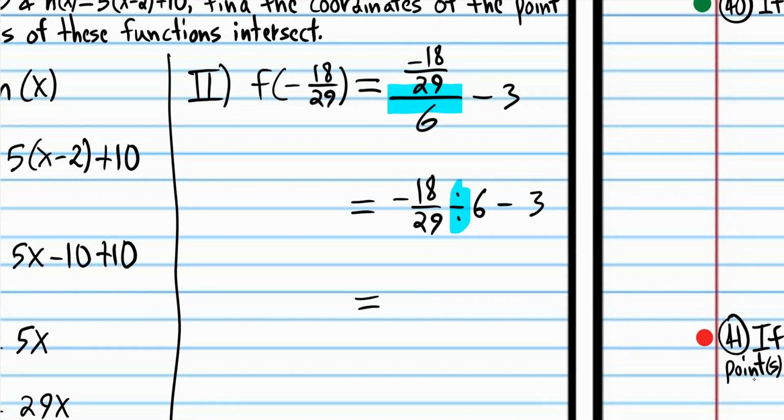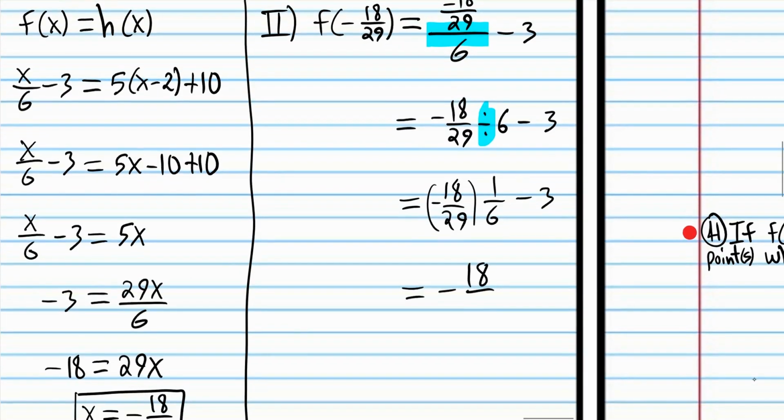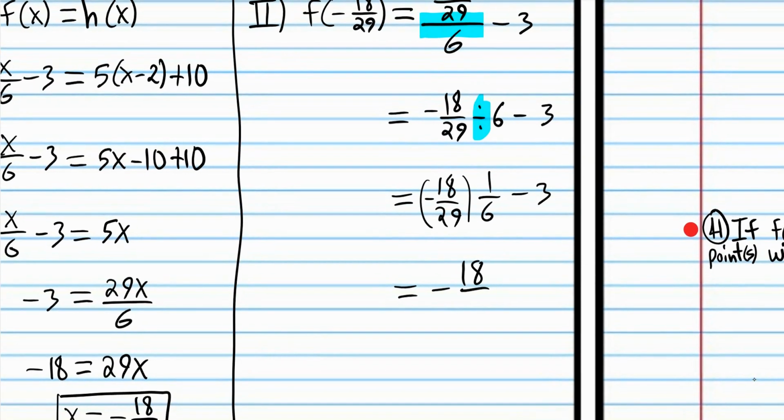And when you divide fractions, you just change to multiplication and flip the divisor, and now we're just multiplying those two fractions. So we get negative 18 over whatever 29 times 6 is, and that's going to be 174.